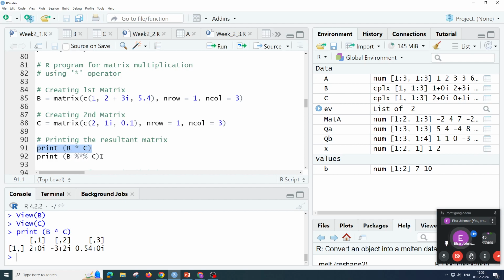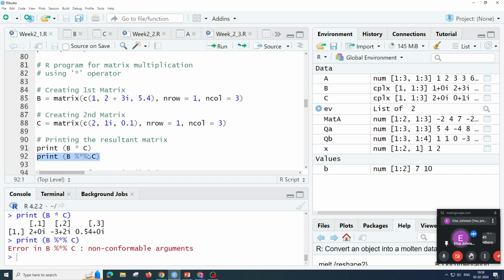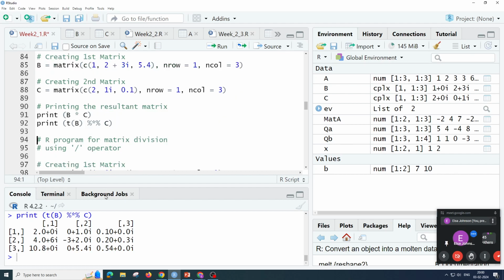But if I give percentage star percentage, it will be a matrix multiplication. But in this case the matrix was 1 by 3, so 1 by 3 into 1 by 3 won't be conformable. So you have to find the transpose of B, and then you will get the matrix multiplication.